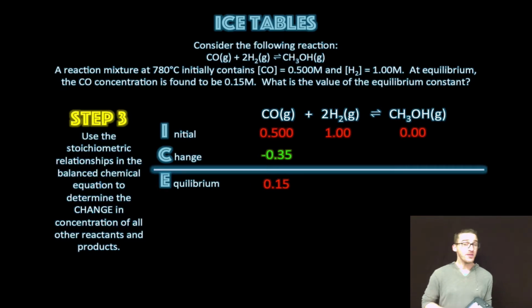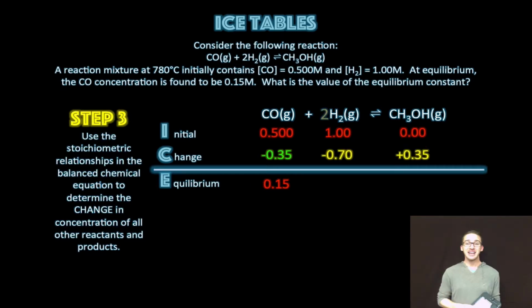So if I know that my carbon monoxide has decreased by a concentration of 0.35 molar, I know that my hydrogen has decreased by a concentration of 0.70 molar, and the concentration of my methanol has increased by a concentration of 0.35 molar. Again, carefully examine the stoichiometry to understand why those changes are written as they are.